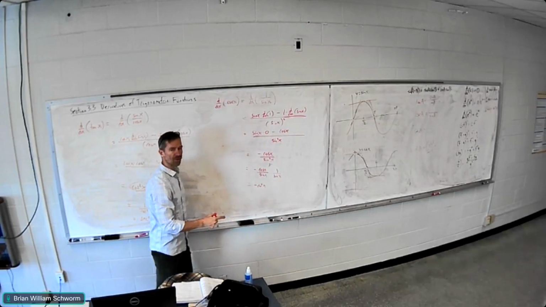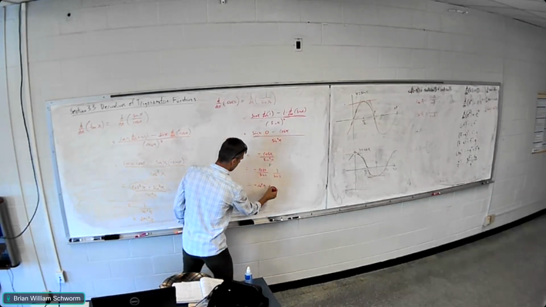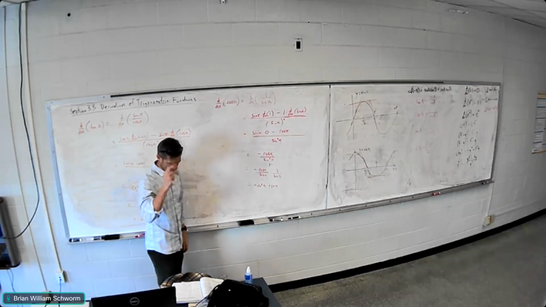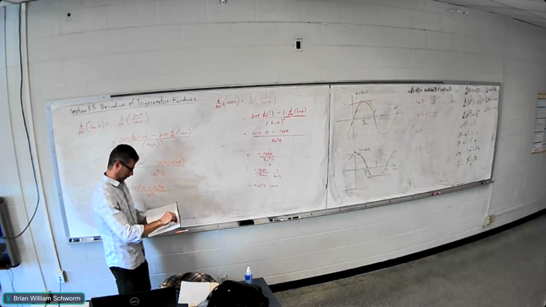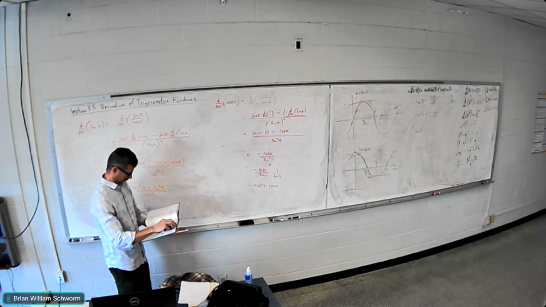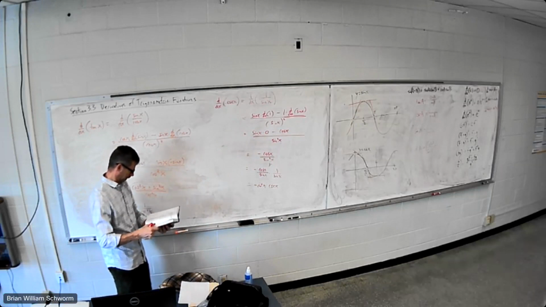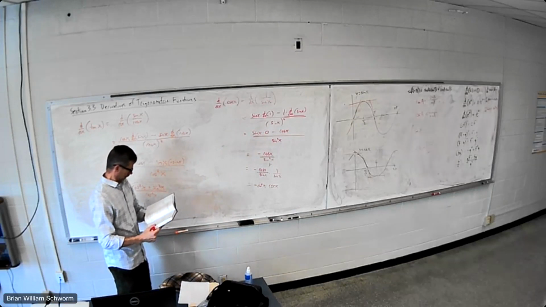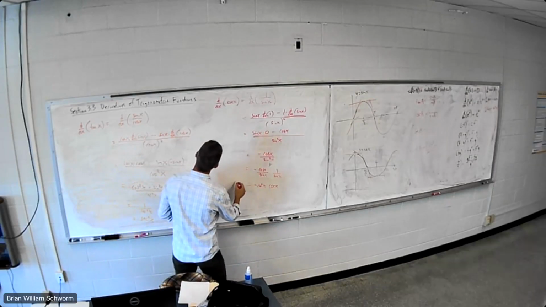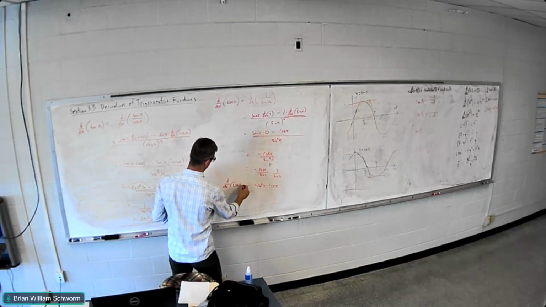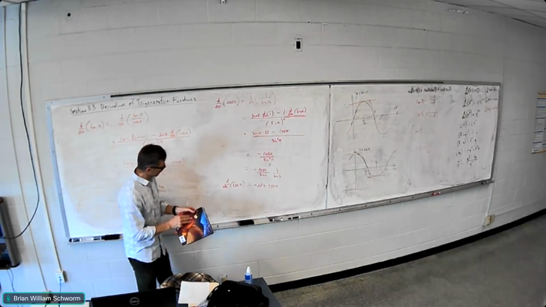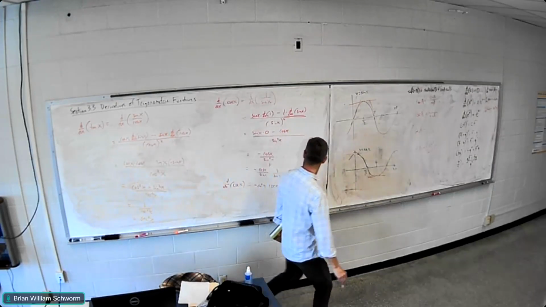And then 1 over sine is cosecant. So there's the final expression. Derivative of cosecant of x, negative cotangent times cosecant.